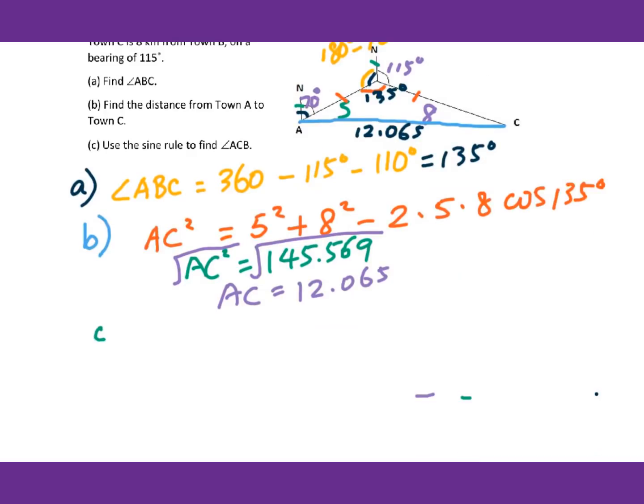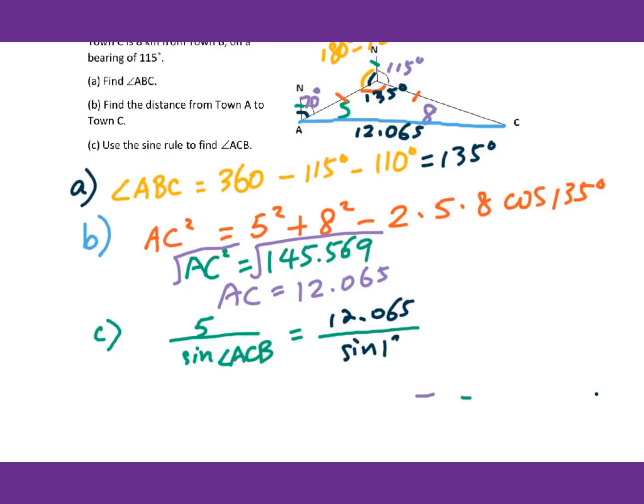For C, use the sine rule to find angle ACB. Use the sine rule, we got 5 over sine angle ACB equals 12.065 over sine 135. Cross multiply.